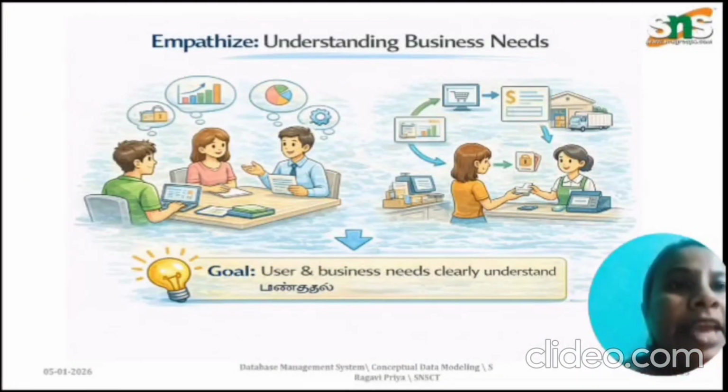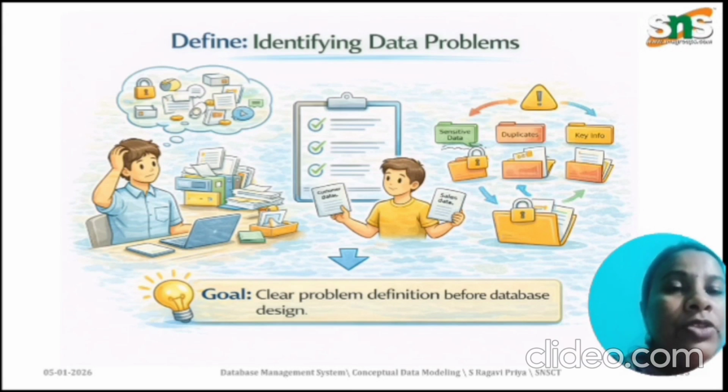So empathize, understanding the business need. So the goal is to understand user and business needs clearly. So define, so identifying data problem. So we should clearly identify the problem definition before designing the database.